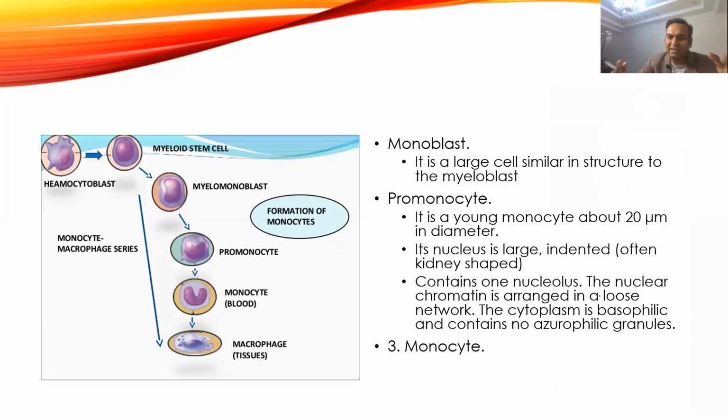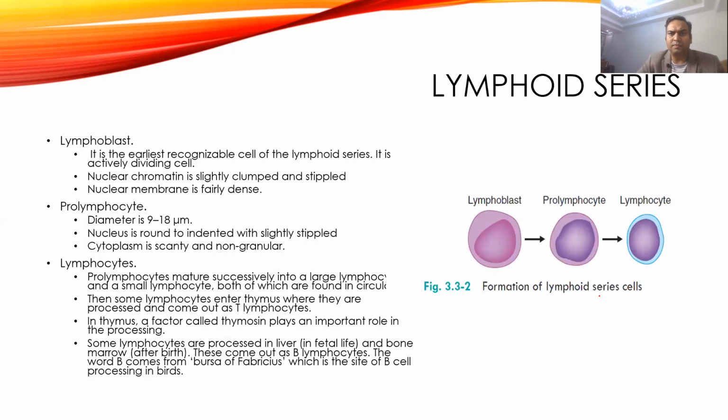The size starts decreasing, yet the monocyte is one of the largest cells in the blood, and once it gets activated it will convert into macrophage and enter the tissue, and that's why this is also called the monocyte macrophage series, because monocyte and macrophage are the same. Monocyte is within the blood; once it comes to tissue we call it a macrophage.